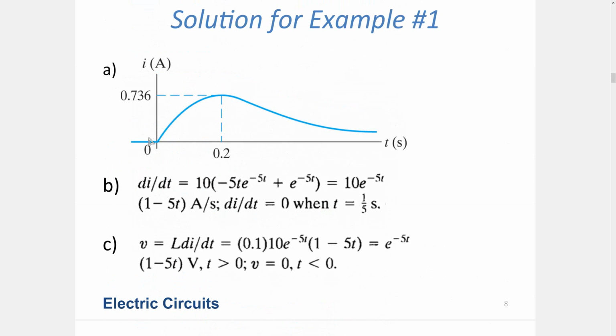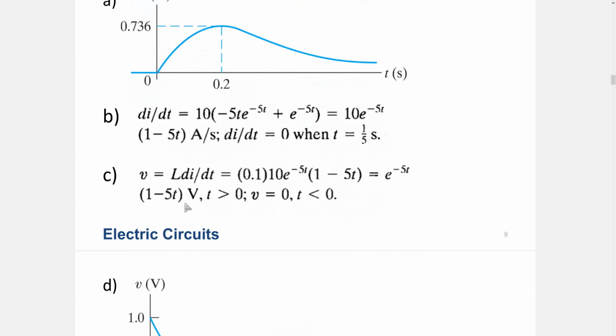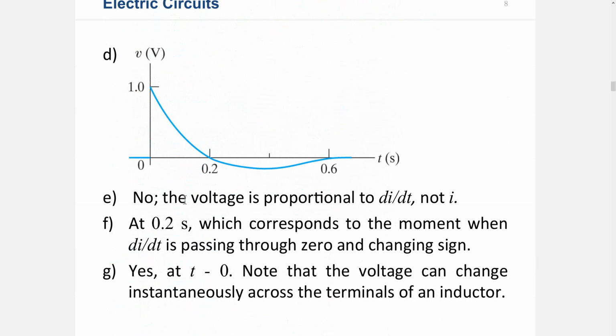So there is some time difference between the two maximum points for the current and the voltage. The reason is that the voltage is proportional to the derivative of the current. It's not directly proportional to the current, as in the case of a resistor. So there is a time difference between the maximum points because of that.